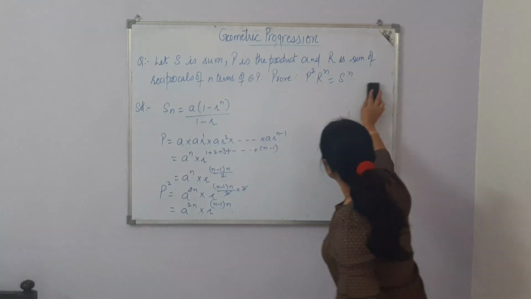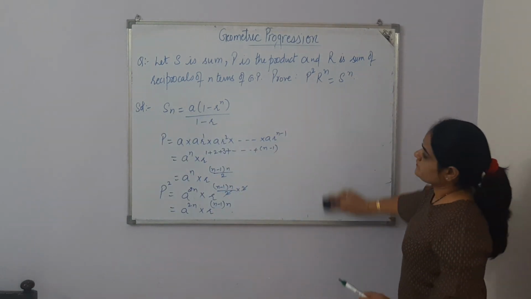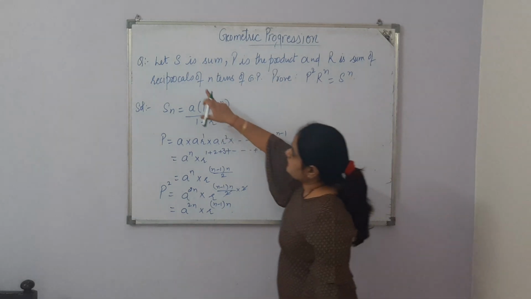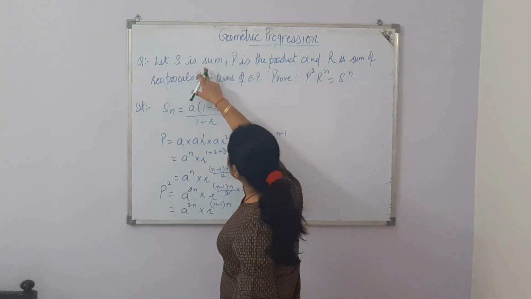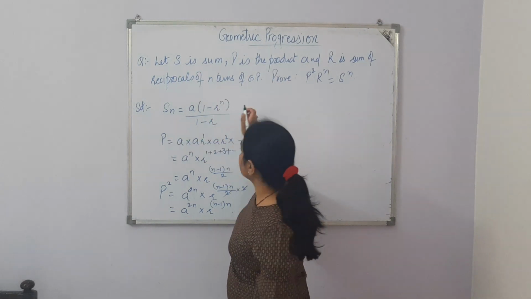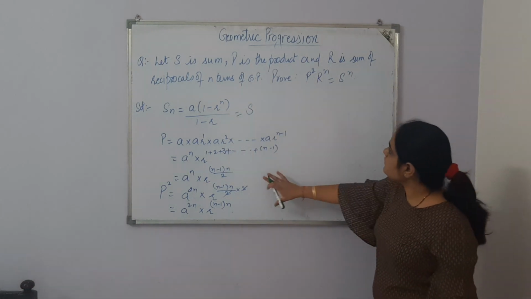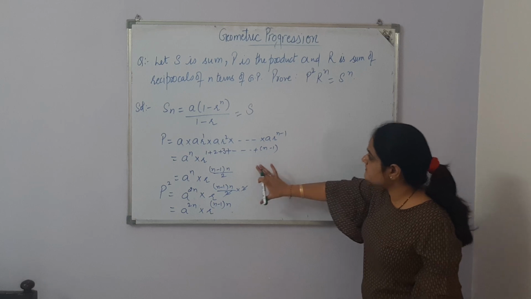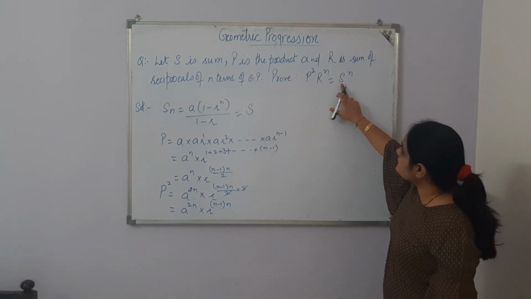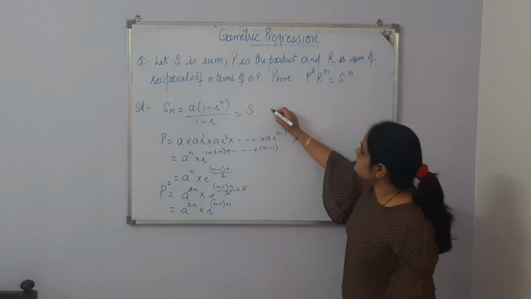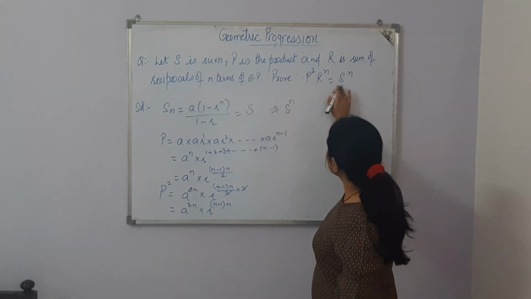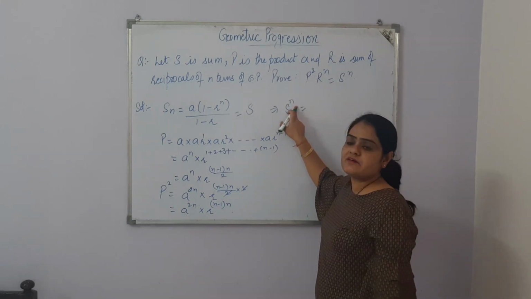Now, here he wants S as the sum. We have taken Sn, so we'll name it S. We have already found P square. We have already found S. We need S raised to the power n as well, so we'll take the power n here.